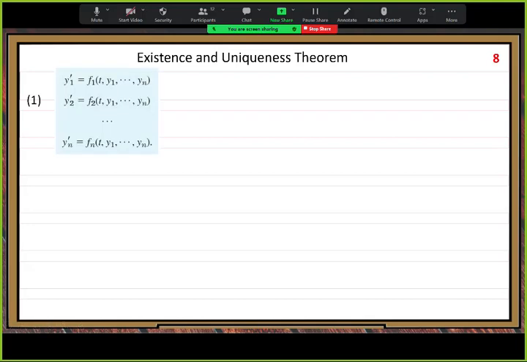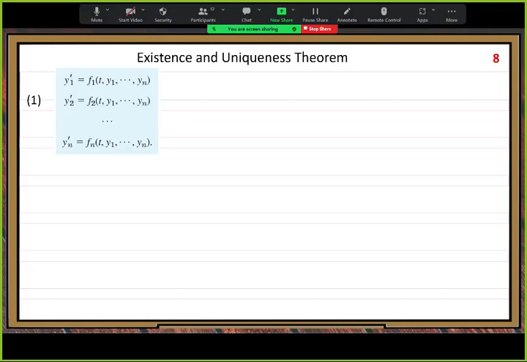So the first equation, we represent it in this way: y1 prime equals F1 function. Here you can see this is a general expression, because in it we do not need to have a linear system. F1, F2 are arbitrary functions, not necessarily linear functions.